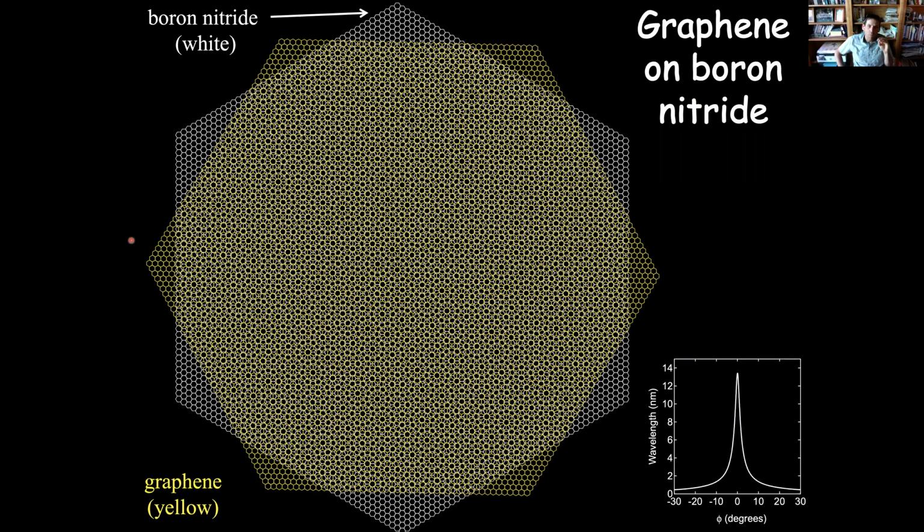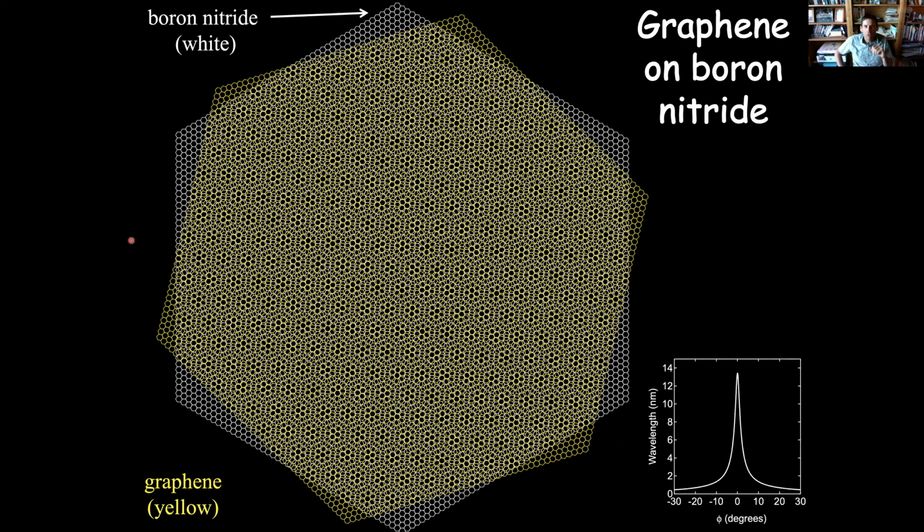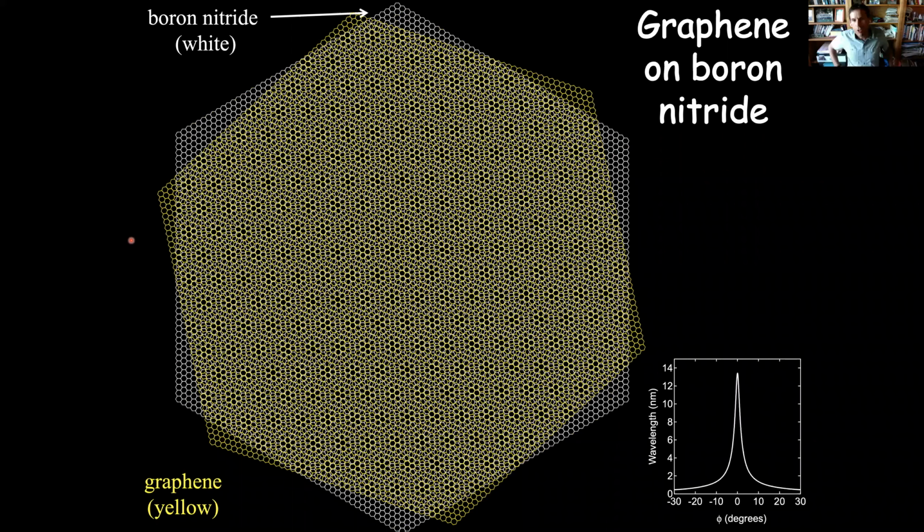And then this repeats every 30 degrees as I twist these two materials on top of each other. That's because they have this lattice mismatch between them of 1.8%. And so depending on the rotation, we get either shorter or longer Moiré patterns arising.